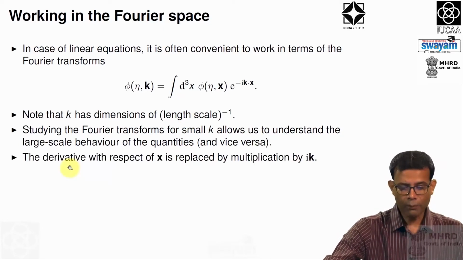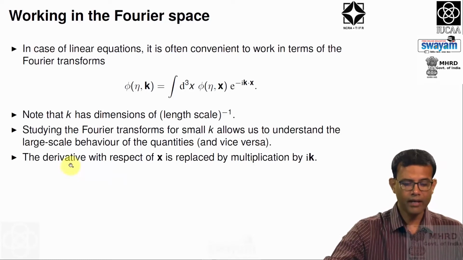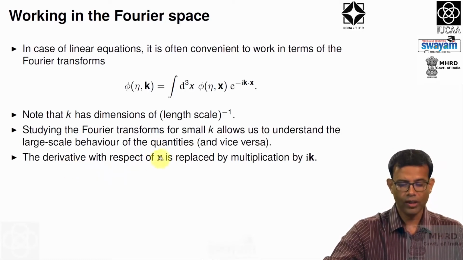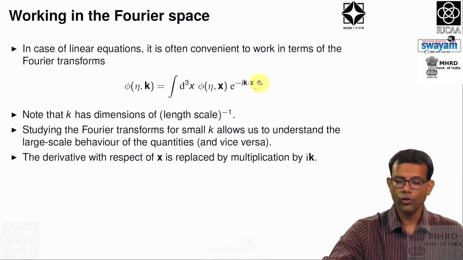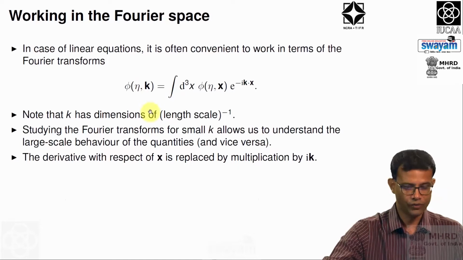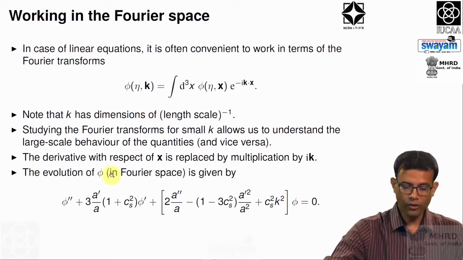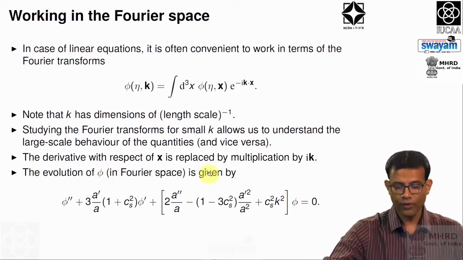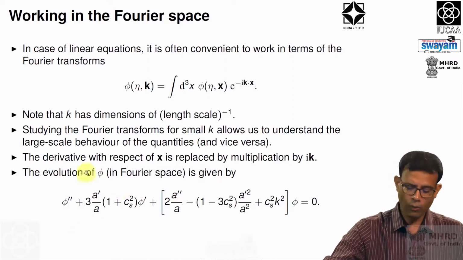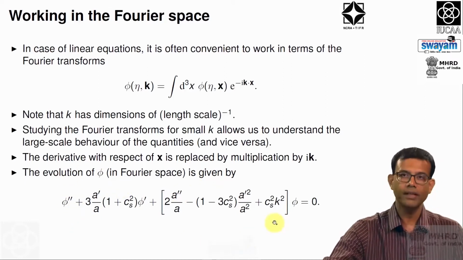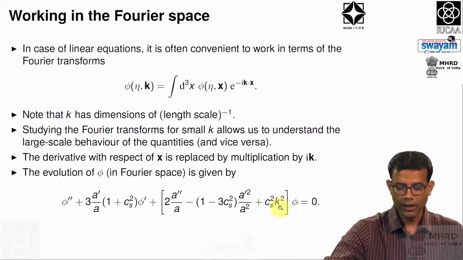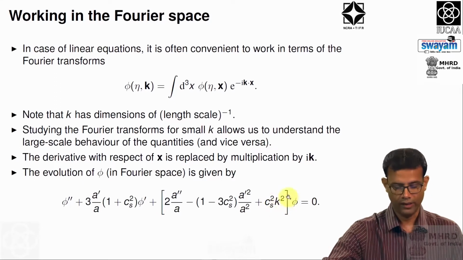Now, if we go back to the previous equation, the derivative with respect to the position coordinate x will be replaced by a multiplication by a factor i times k, which is very easy to show from the definition of the Fourier transform. The evolution of this potential in Fourier space is given by almost the same equation, except you will see the del square term has been replaced by a term containing k square. You can see it here.